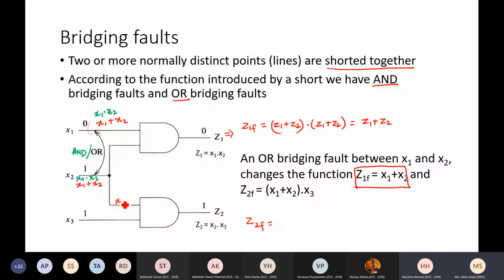So what will be the faulty output? The first input and the second input. So the faulty output is given as x1 plus x2 into x3, which actually should have been x2 and x3. Right? This is the case of a circuit where we have more than one primary output.